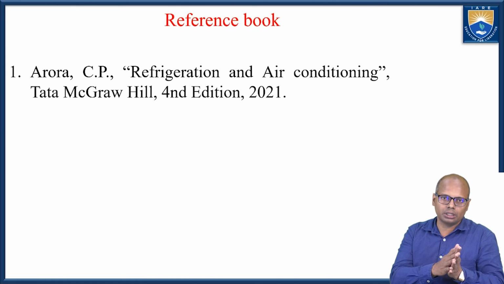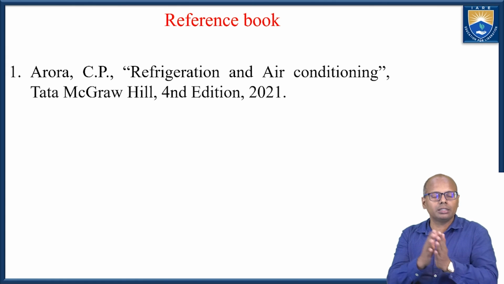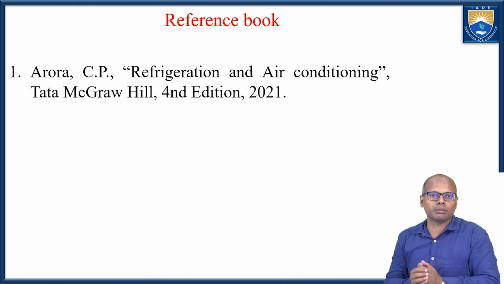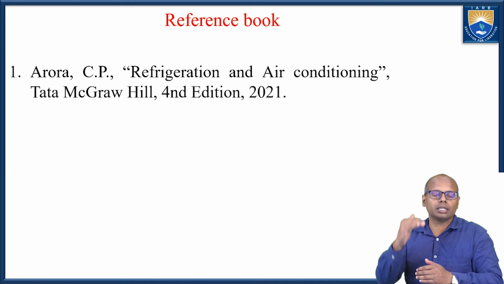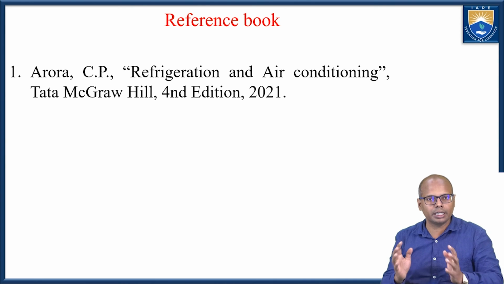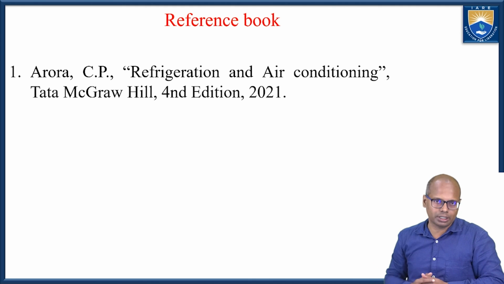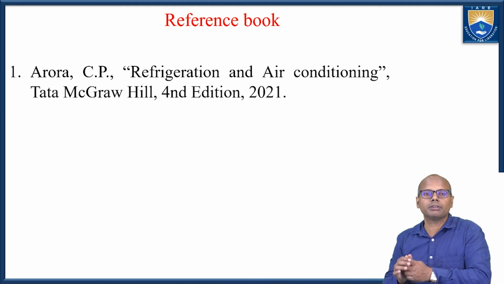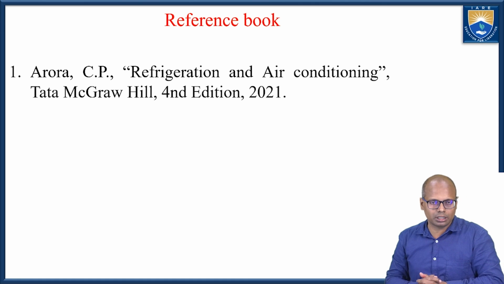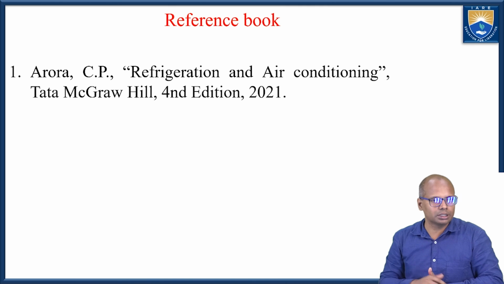And if I use the turbine and compressor, and the condenser and evaporator are maintained at constant temperatures, it is the ideal Carnot cycle under which the refrigerant is working. So the refrigerant, if it works on the ideal reversed Carnot cycle, is called the ideal vapor compression system.